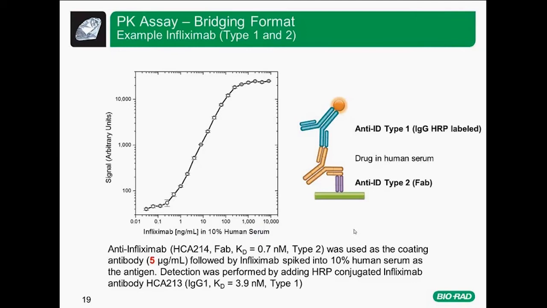If we use these two types, which bind to different epitopes on the drug, we can use a higher coating concentration of the capture Fab, and this way it's possible to also reach a very high sensitivity in the 100-200 picogram per milliliter range in human serum, although the antibodies don't have such a high affinity as in the assay that I've just shown.